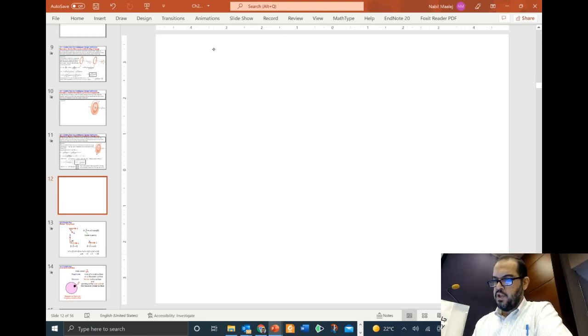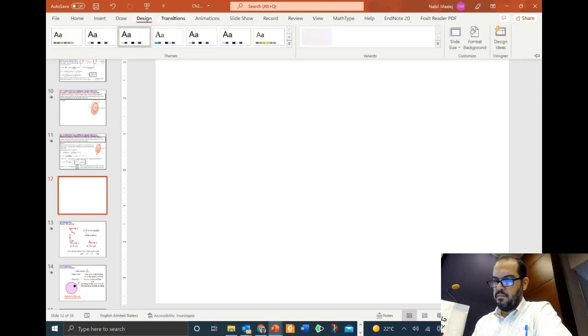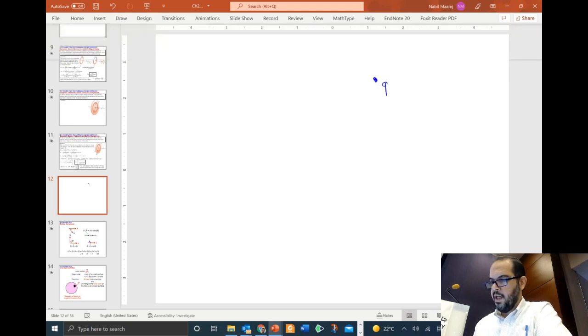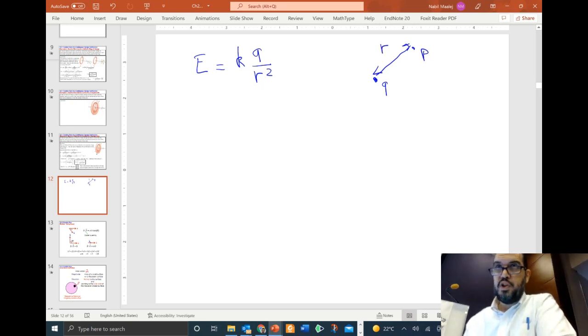So if we have a point charge Q, then we can determine the magnitude of the electric field is k, which is Coulomb's constant, times Q divided by the distance squared. So if we are at the point P at a distance r, we can determine the electric field due to a point charge.